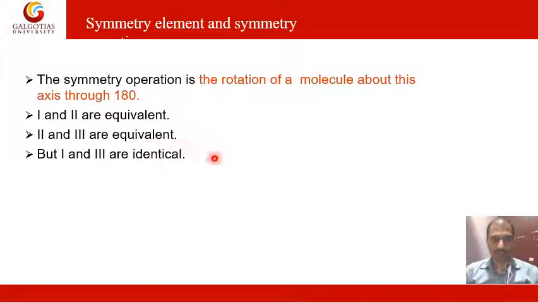The first and second are equivalent, the second and third are equivalent, and the first and third are identical.